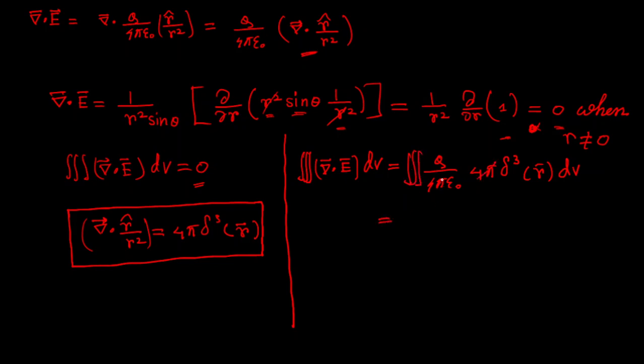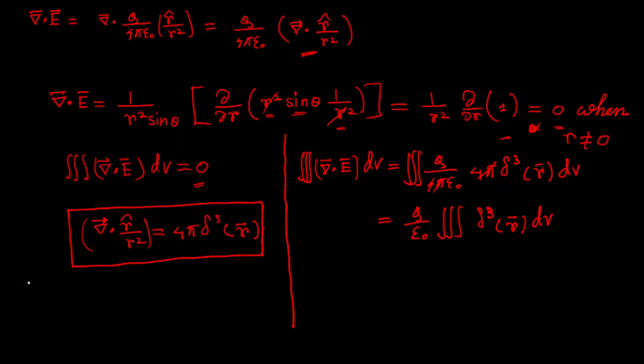So this 4 pi will cancel out, q by epsilon naught you can take outside, and del cube is the 3-dimensional Dirac delta function, and we have to take this volume integral over the volume.